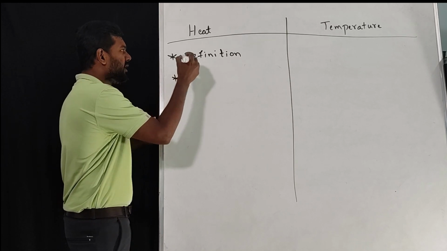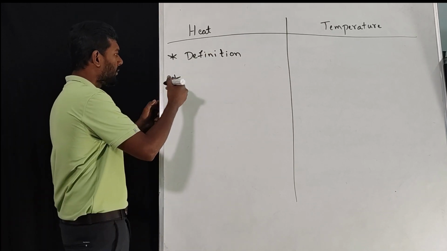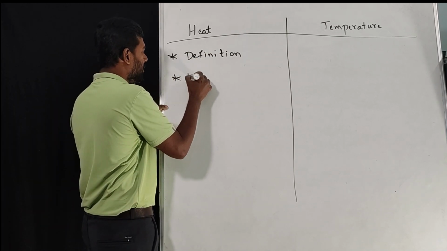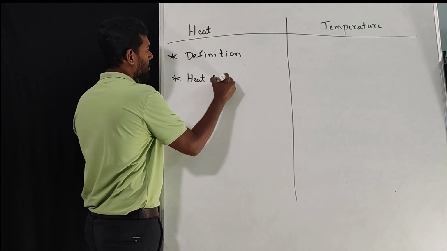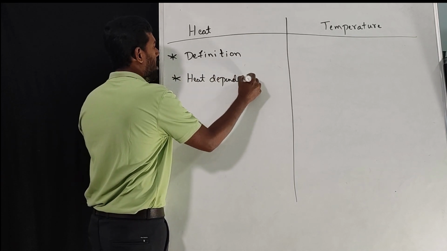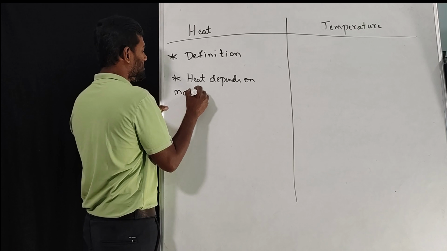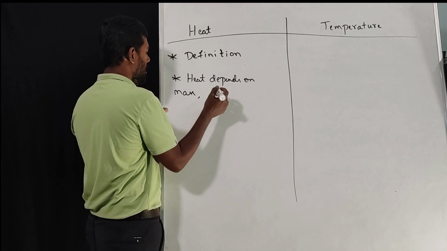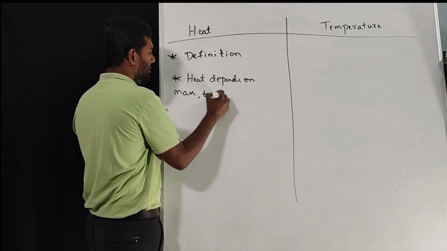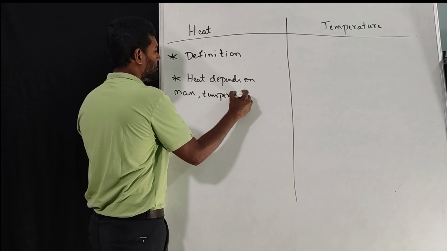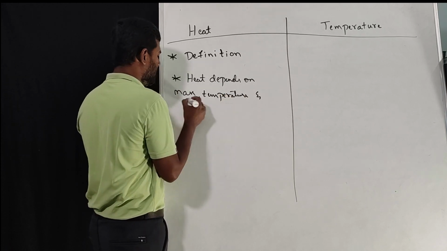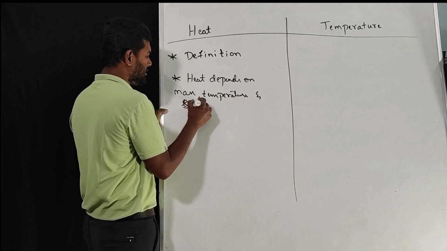So learn two differences between them. See, first point will be definition. Next, heat depends upon mass, temperature and substance.